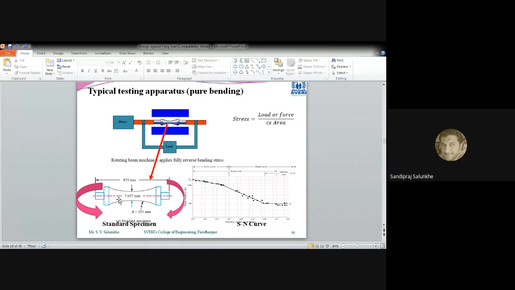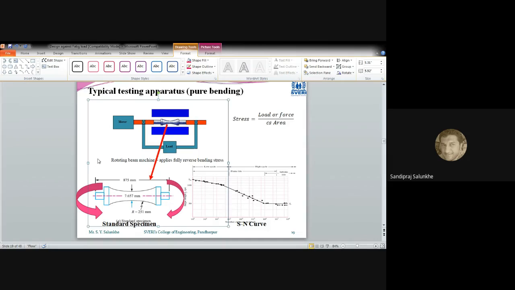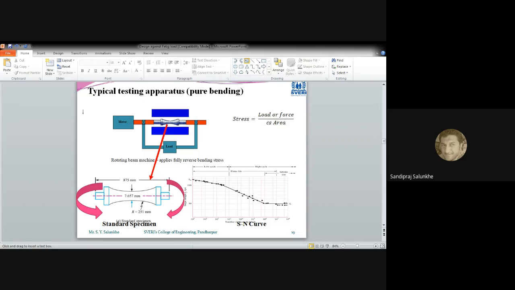Each and every layer will undergo tensile and compressive stress, and hence you can get the number of cycles. How can we count the number of cycles? That will be the RPM of this motor, because revolutions per minute is the number of cycles per minute.